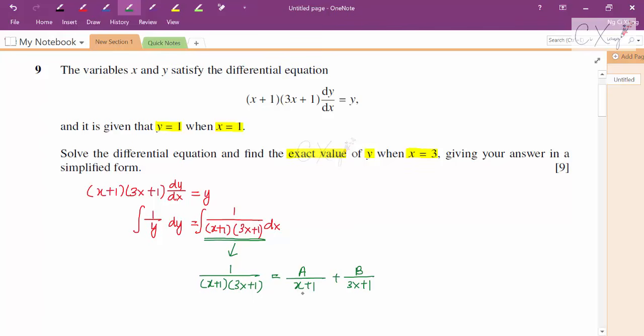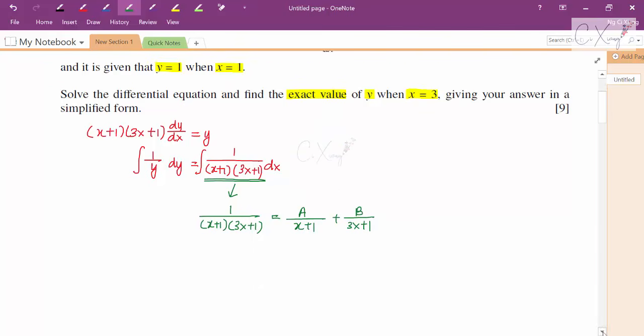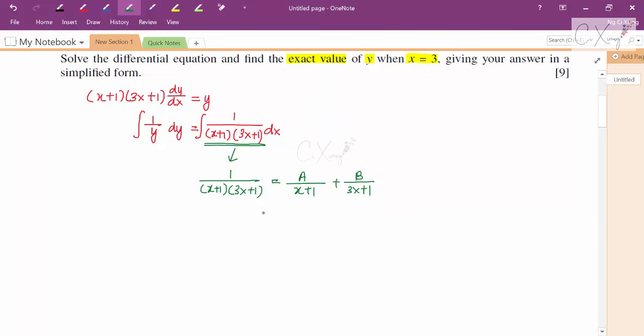So we are having these two partial fractions, and we want to find the value for a and b now. To find the value for a and b, I will want to make the denominator disappear. Therefore, I multiply the whole equation with the denominator. So I'm having 1, and then a 3x plus 1 plus b x plus 1.